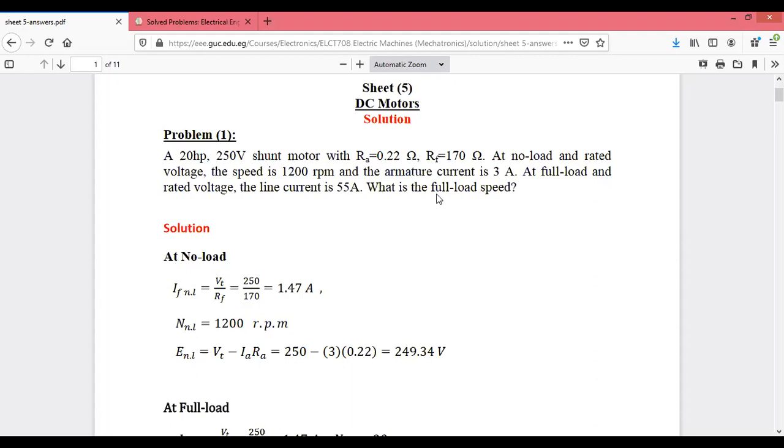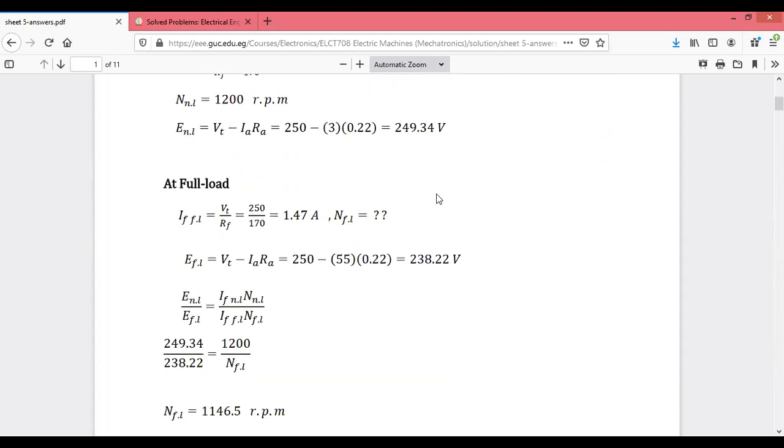We get the equations for the EMF in the form of speed and in the form of current.